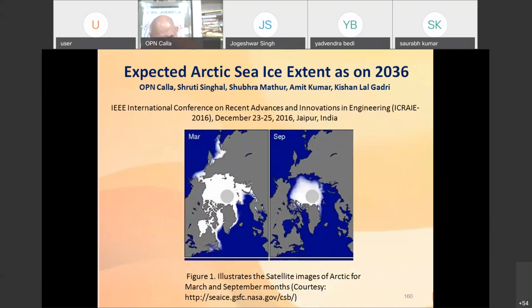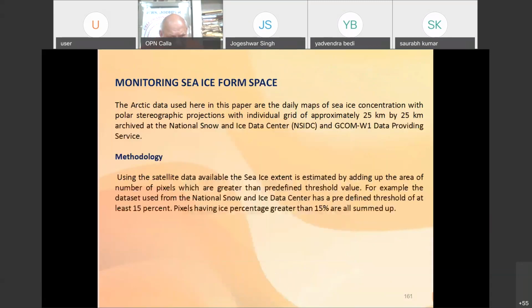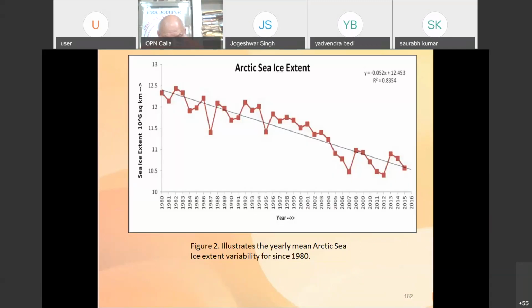So we did a study and looked at the freezing cycle and the melting cycle: 3 years of the freezing cycle, 5 years of the melting cycle. That cycle we took, and then we plotted the graph.